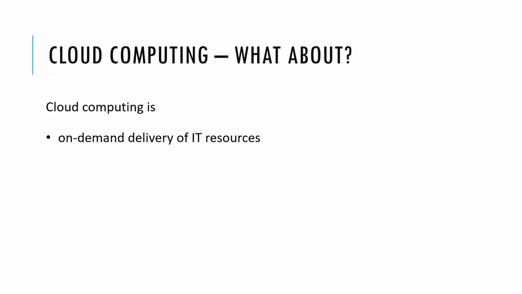So any of these IT resources are on demand, and this is delivered over the internet. You don't need any physical infrastructure to maintain or upgrade. It is delivered to you through the internet.